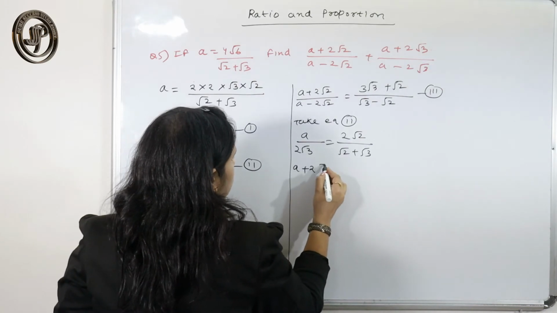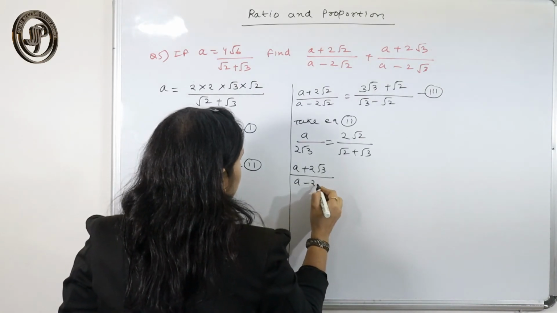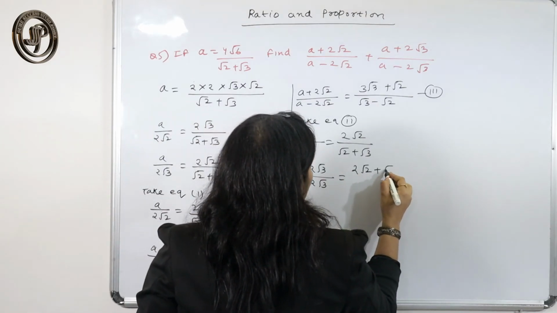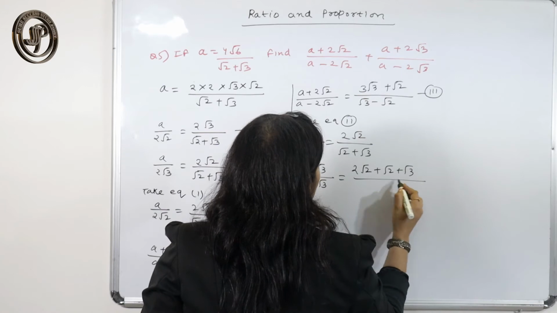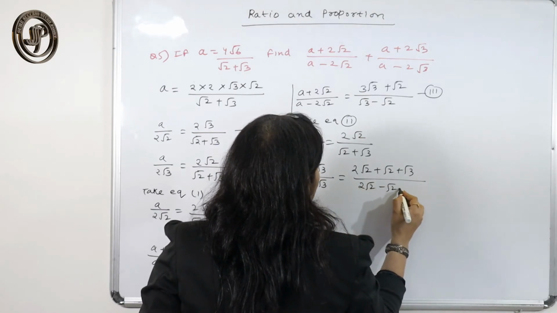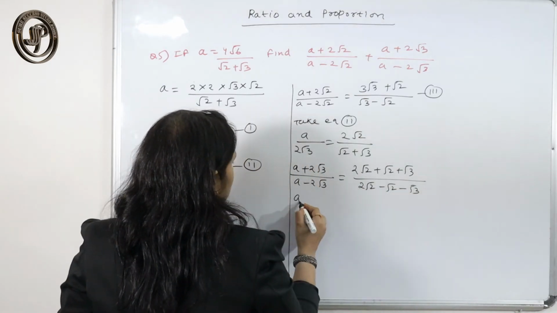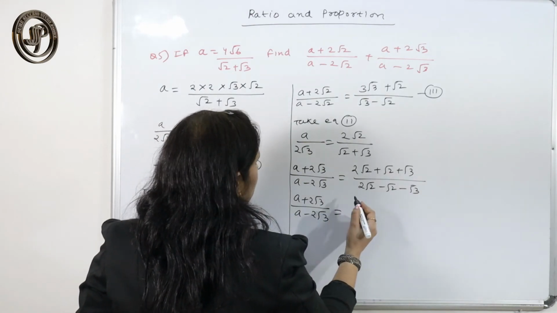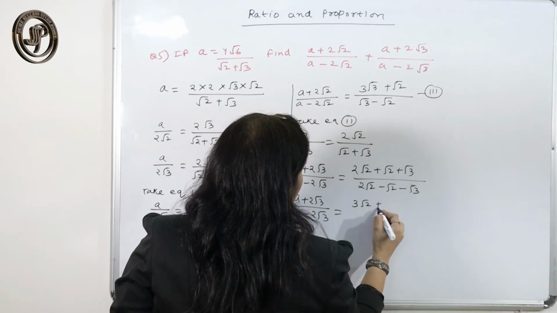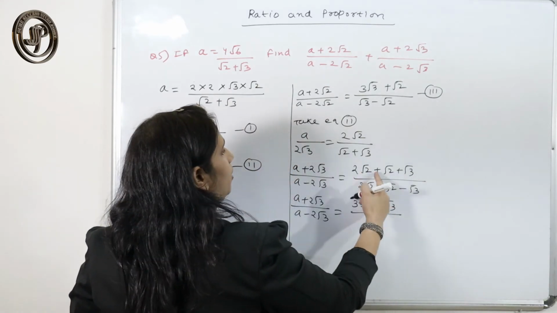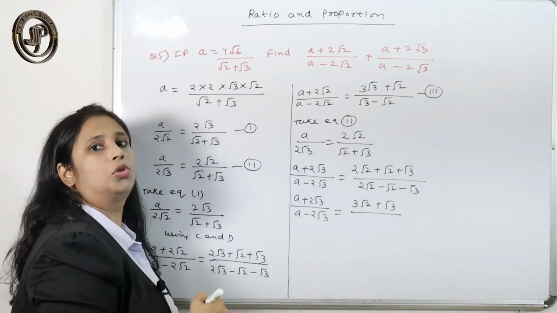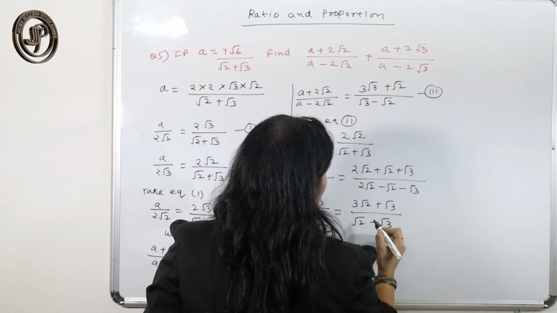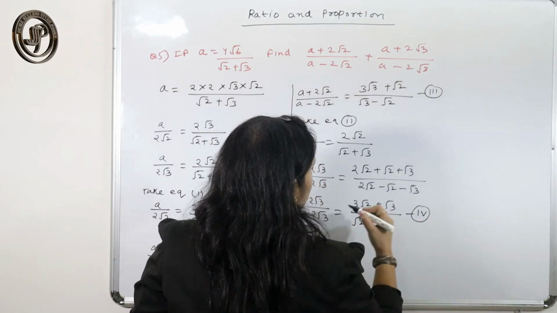So a plus 2 root 3, a minus 2 root 3 is equal to 2 root 2 plus root 2 plus root 3, 2 root 2 minus root 2 minus root 3. Here if you simplify, you can add these two. 2 root 2 plus root 2 is 3 root 2. Here root 2 minus root 3. Now take this as equation 4.